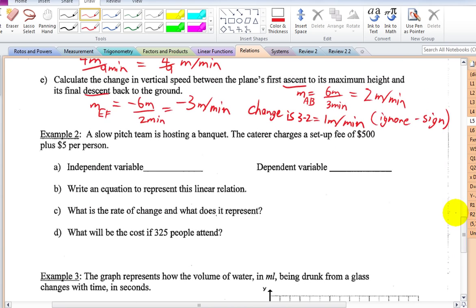Next one, real quick. So, slow pitch team is hosting a banquet. The caterer has a setup fee of $500, and it's $5 per person. So the cost of the banquet depends on the number of people.